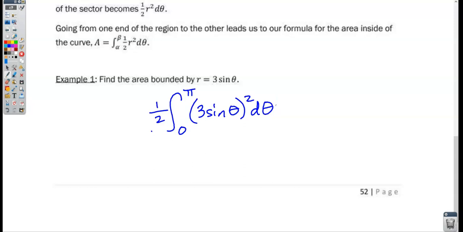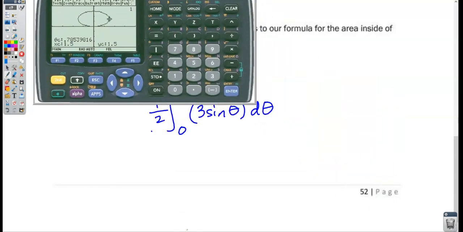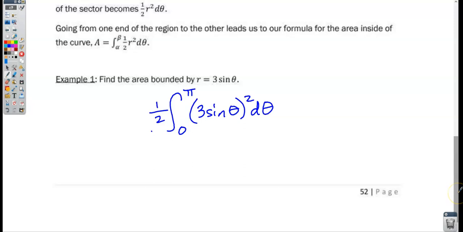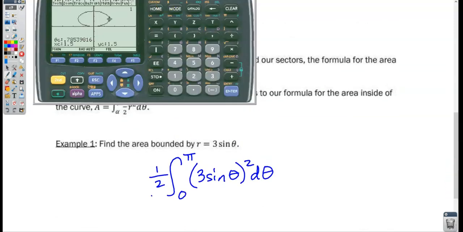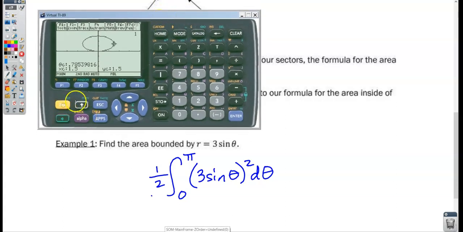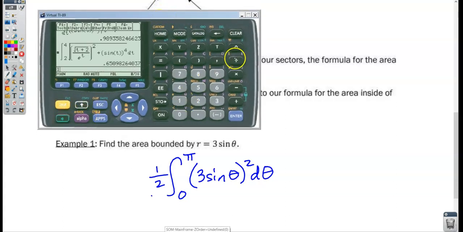And so now, since we're usually going to do this on our calculator, I'm going to go ahead and do it on my calculator here. And as long as I can get my calculator on my screen, there we go. Go out to my main screen, and I'm going to have 1/2 times the integral of the quantity 3 sine of theta, quantity squared, with respect to theta, from 0 to pi.